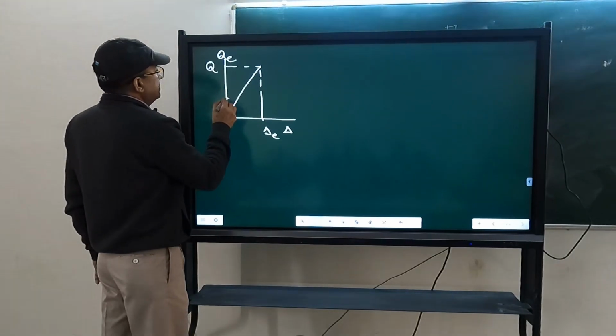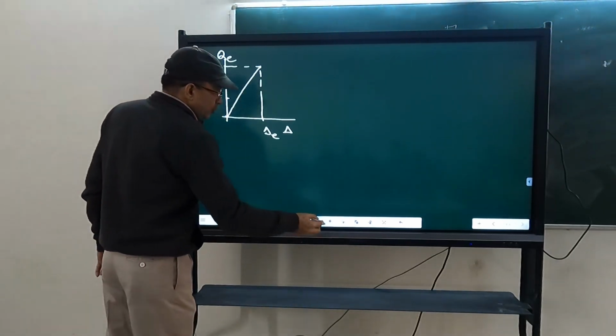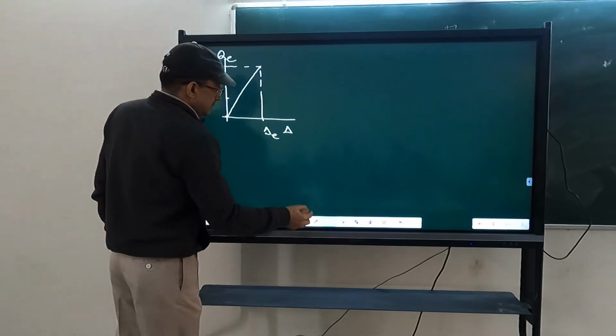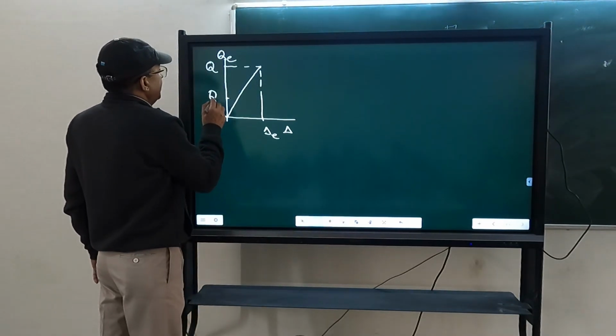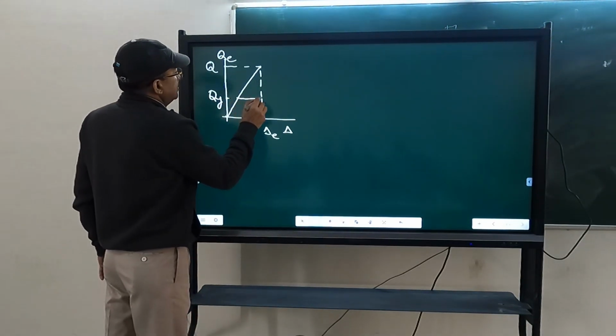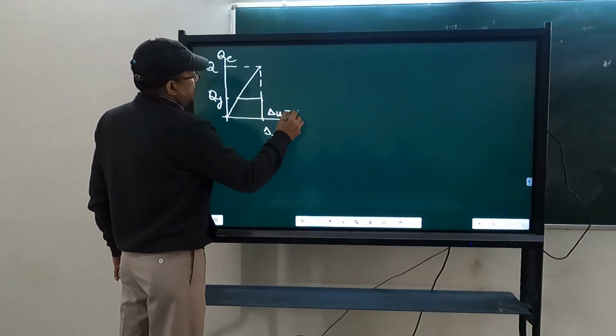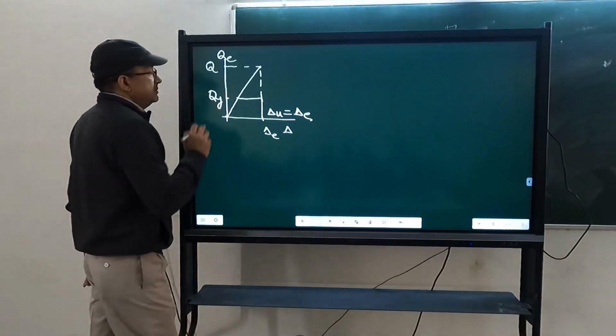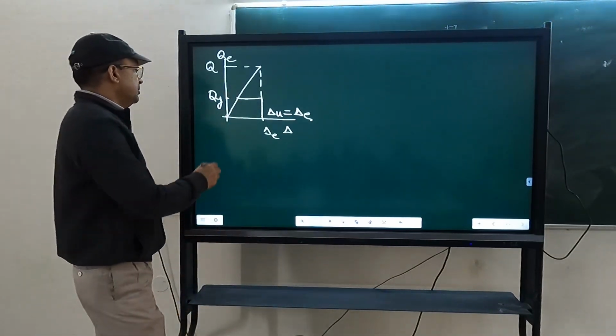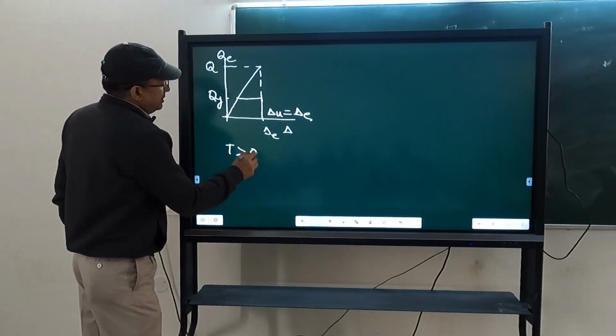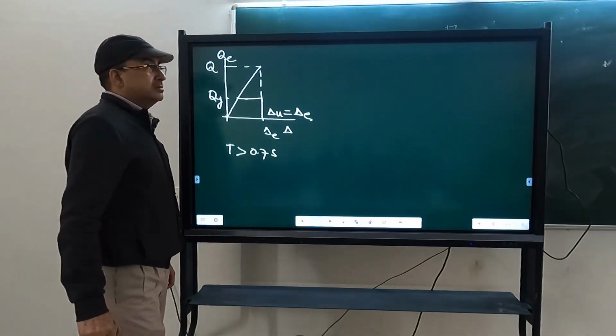Okay, and then My or Qy, this is what I am designing for. So delta U is the same as delta E. This is equal displacement, T greater than 0.7 seconds.